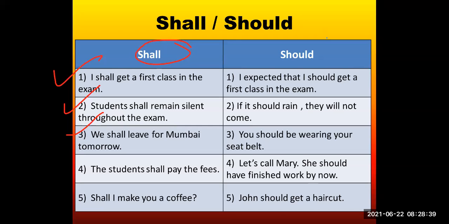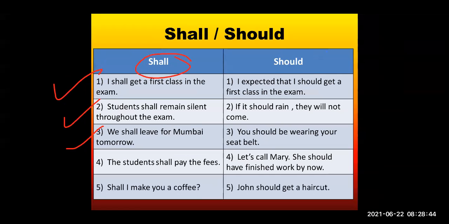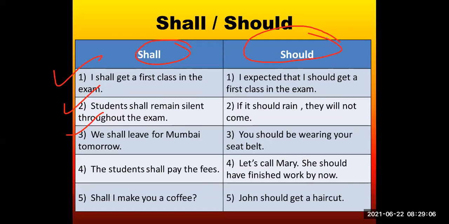Now let's discuss should. First of all, should is the past form of shall. It is used when we have any belief, obligation, probability, advice, or suggestion. For example, the first example: I expected that I should get a first class in the exam. Here belief is there.